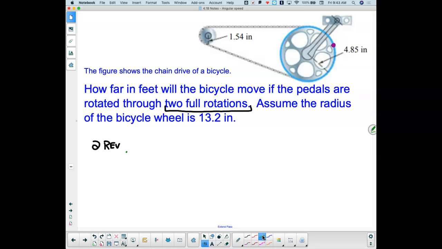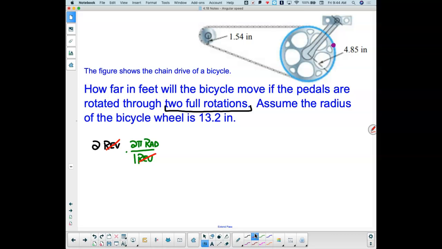1 revolution is 2 pi radians. Now I'm in radians of what? It's important to know where we are. We're still in the radians that the pedal went around, right?